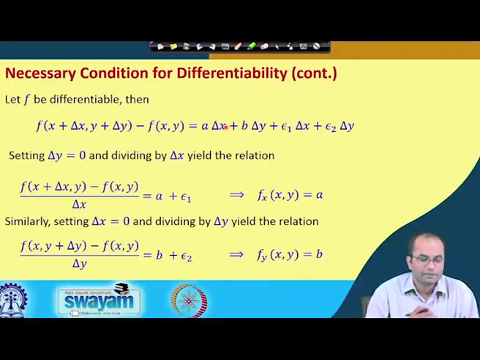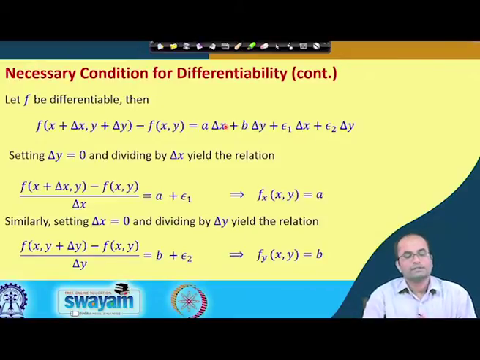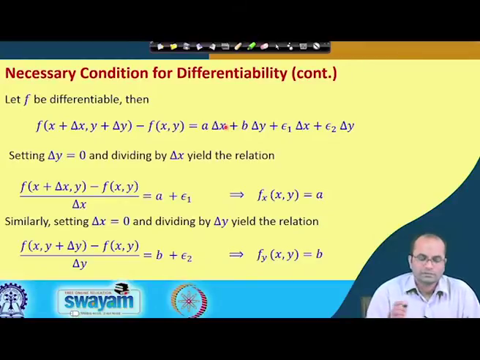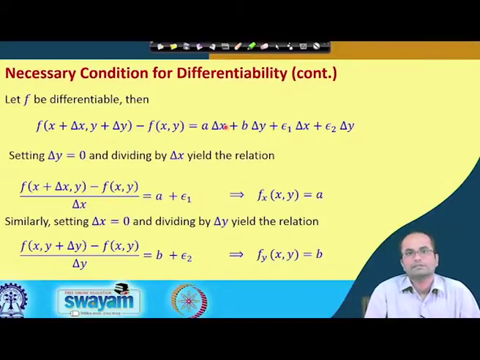So what we have seen now is that if a function is differentiable, then it must be continuous, and not only continuous, but the partial derivatives must exist at that point where the function is differentiable. So these are the necessary conditions for differentiability.